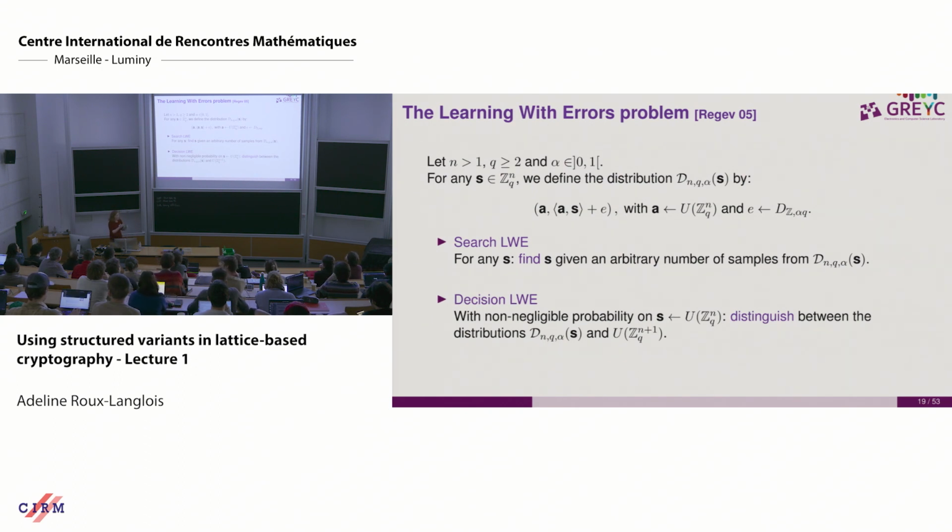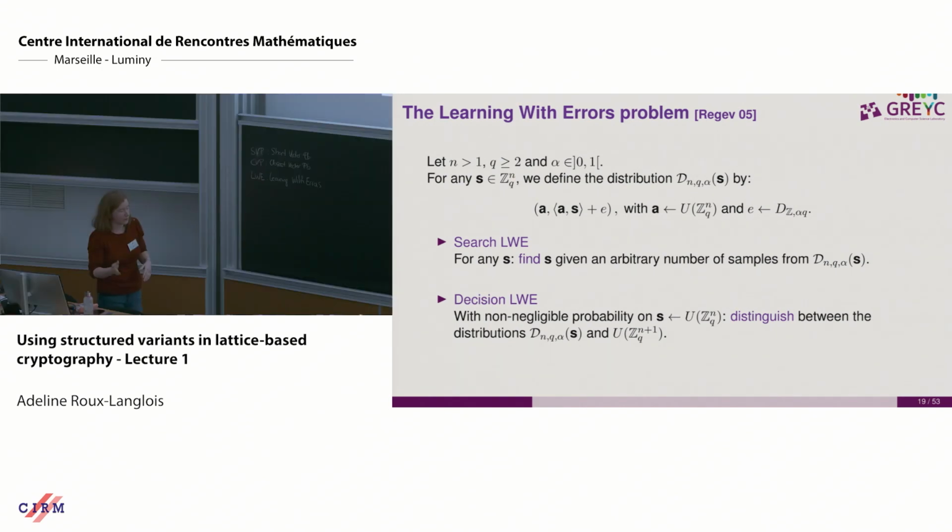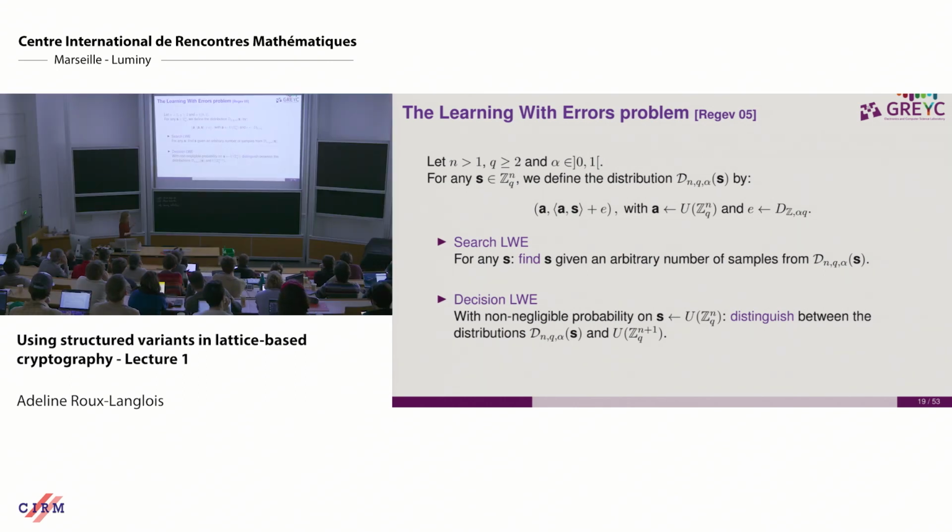I do this several times. I can say I did it m times, or I can even do it a lot without counting. I can have all the samples that I want. And now I have a problem with 2 variants, a search and a decision one.